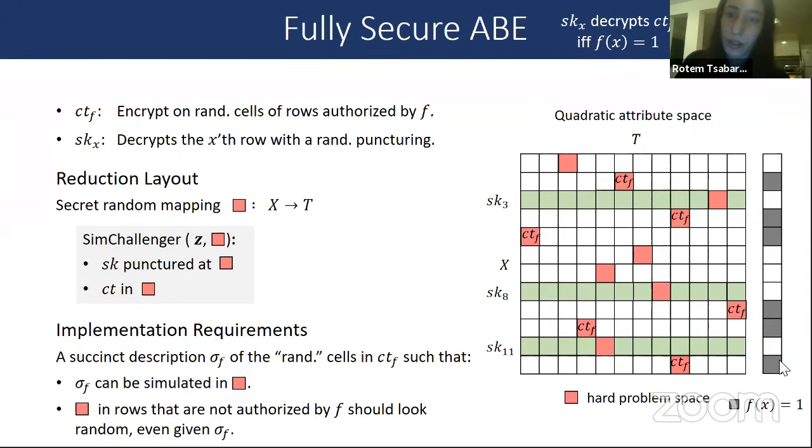So I need to provide something that is succinct, but it should correspond to exponentially many ciphertexts, where each of them in particular encodes this random tag. So I need to have an exponential number of values that look random. That immediately translates to a PRF. And they must be pseudo-random, because I need to describe them succinctly.